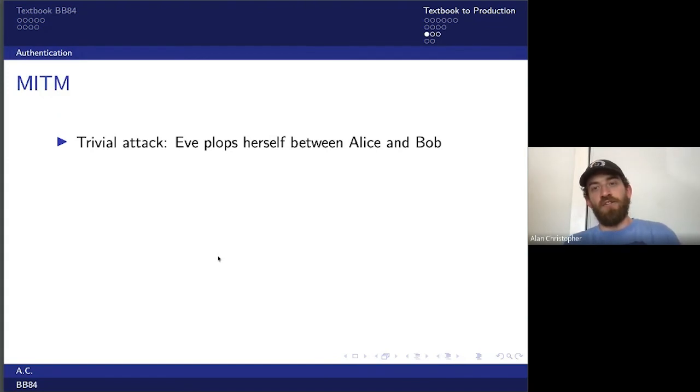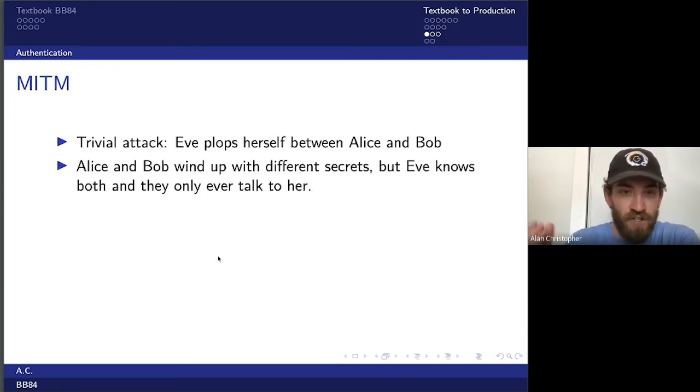Alrighty, so the next thing, which we haven't addressed, and it's a doozy, is that Eve can literally man in the middle as we've set things up thus far. Alice and Bob are talking unauthenticated on open channels. If you imagine that Eve sets herself up with a receiver to catch all of Alice's laser pulses and sets up her own transmitter to send new ones on to Bob, then she can just do QKD with Alice and with Bob.